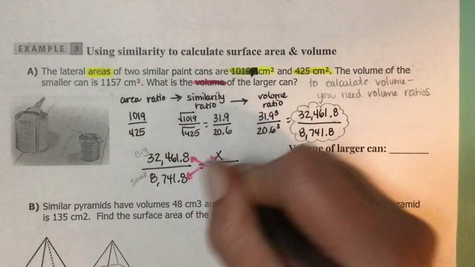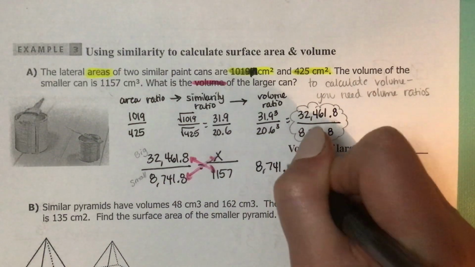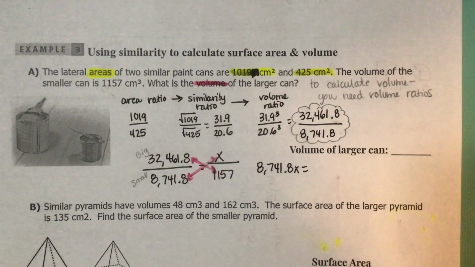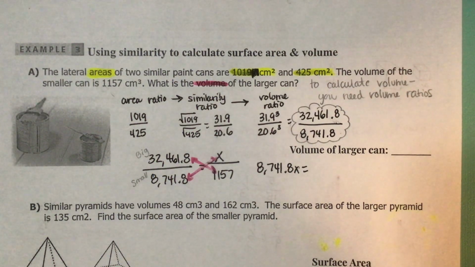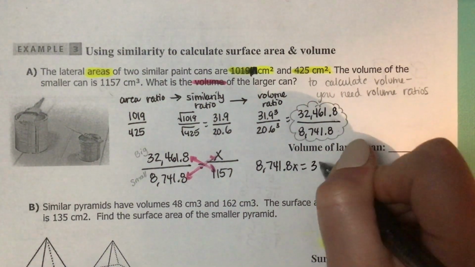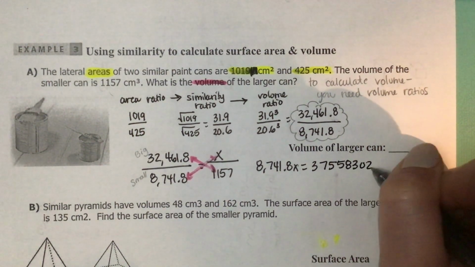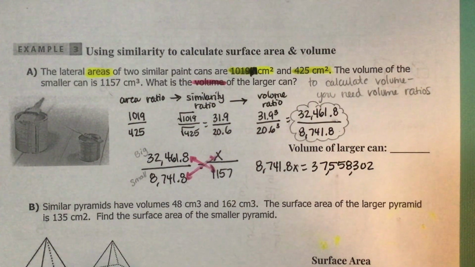We are going to get 8,741.8 times x is equal to this stuff multiplied. So give me a second for that because that's a bit to type. 32,461.8 times 1,157. That is getting me quite the number. Okay, let me write this down. 37,558,302.6.